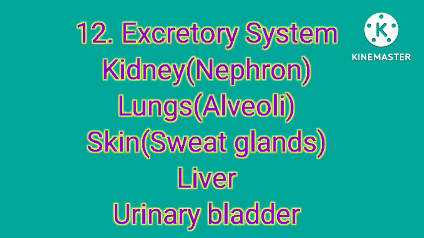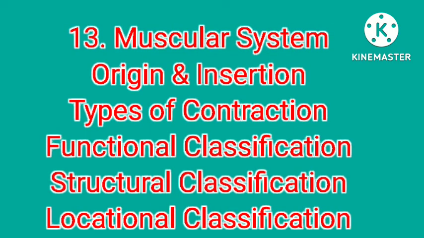The next sub-unit is the muscular system. In this unit we will study the origin and insertion of muscles, types of contraction like isometric. Then we will study the functional classification of muscles, agonist, what is antagonist.